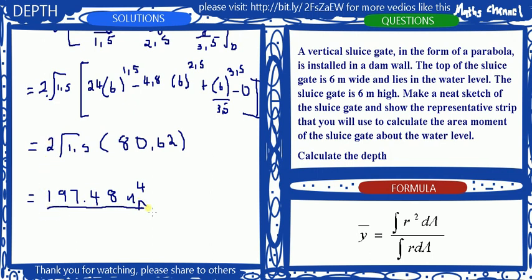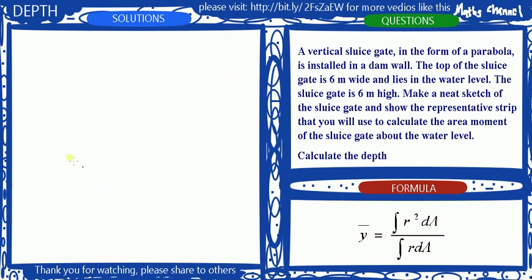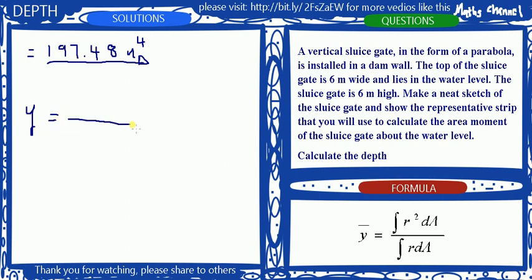So now you have the first and the second moment. You can calculate the depth. So we have something like depth in the bottom part.